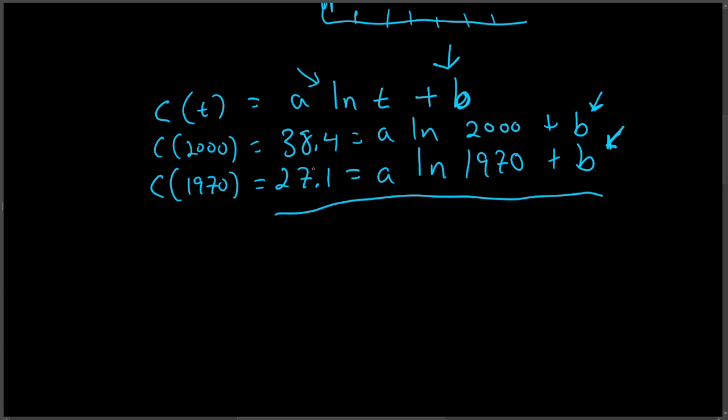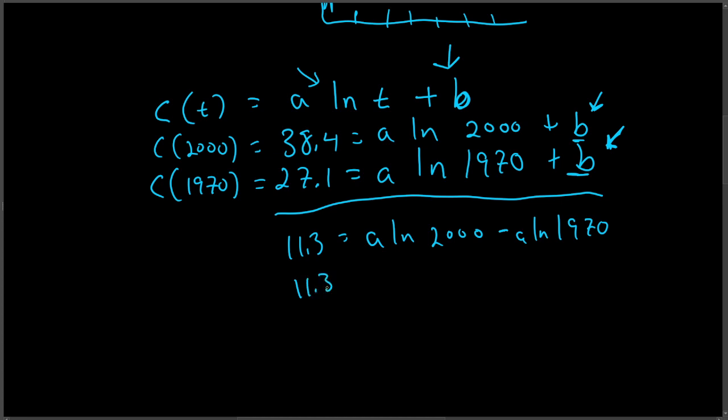And so if I subtract this, I get 38.4 minus 27.1, so that's 11.3. I get a natural log of 2000 minus a natural log of 1970, and the two b coefficients have pulled out.